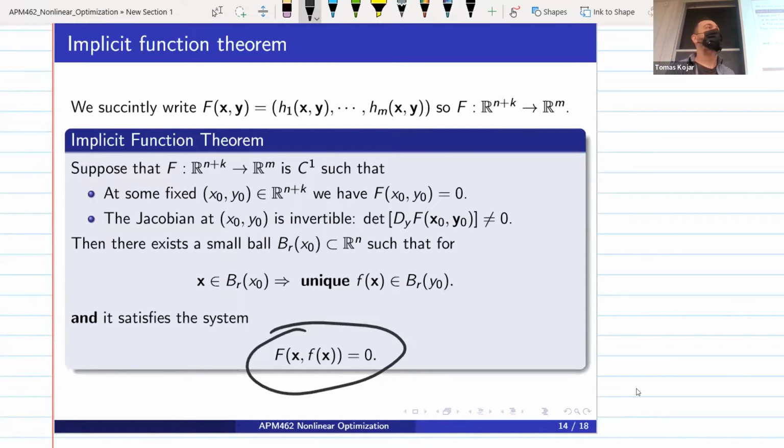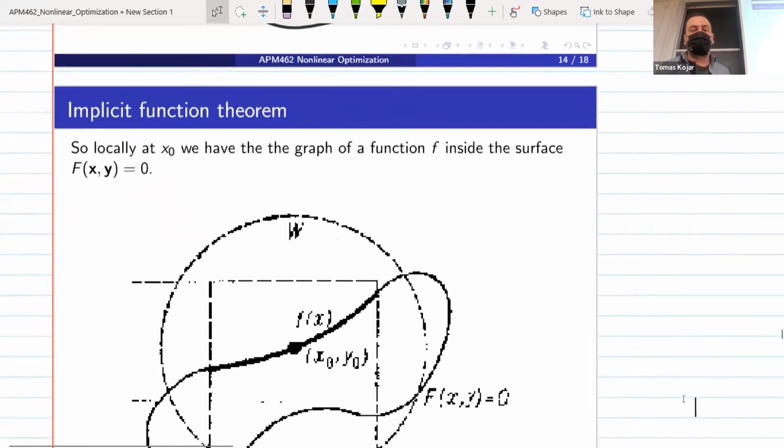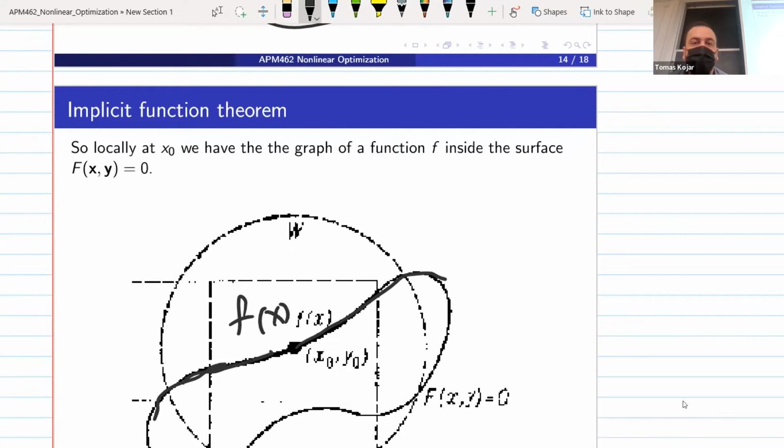Okay, so let's see the picture. Let me do it again. So this is your f of x locally. Let me do it in different colors.